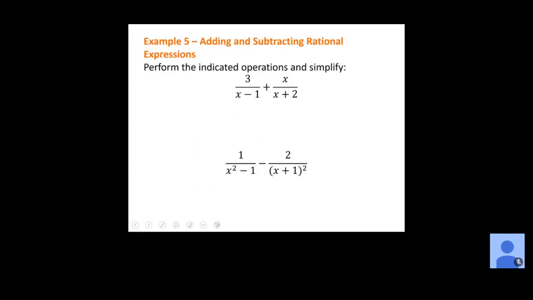All right, so now we want to do some addition and subtraction. So we've got 3 over x minus 1 plus x over x plus 2. We want to combine those fractions. Now, to add or subtract fractions, what do we have to do first?